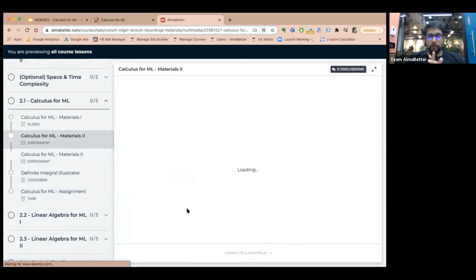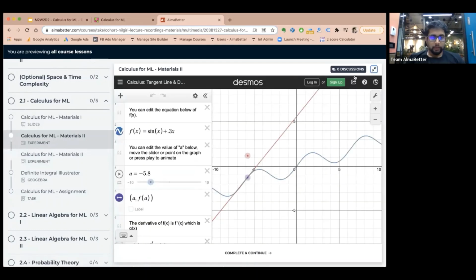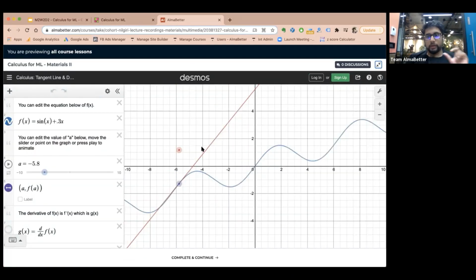Let's go one by one. The first experiment that we'll be doing today is trying to visualize how tangents and derivatives actually look in graphs.